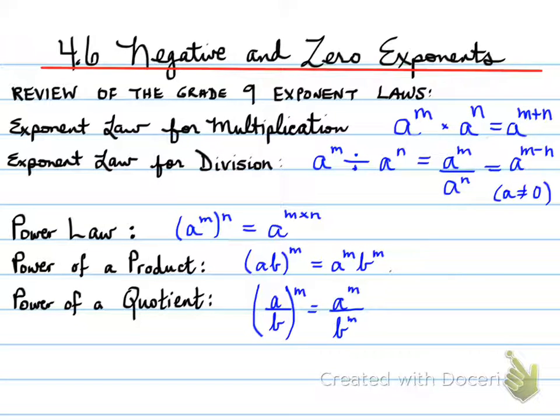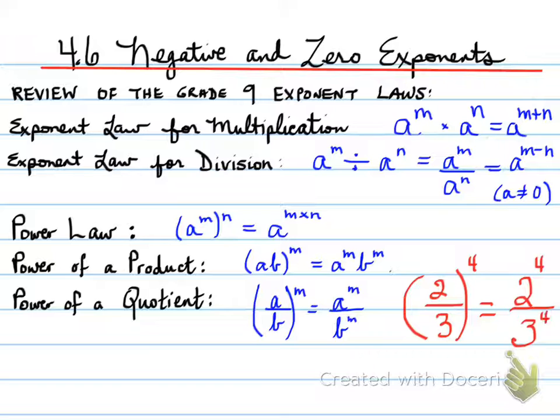An example of that, here we go, is, let's say I was to do the following. 2 over 3 all to the power of 4. What does that mean? Well, that means that 2 will get the exponent 4, as well as the bottom will get the exponent 4.